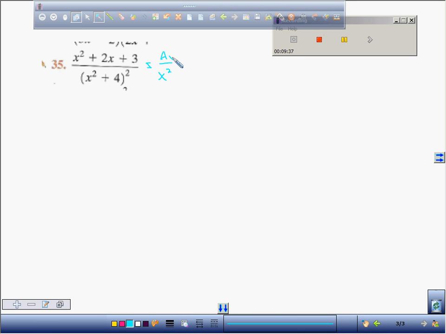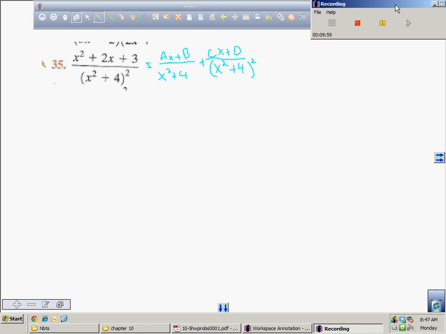So you write this as ax plus b over x squared plus 4, because that's a quadratic factor, plus cx plus d over x squared plus 4 quantity squared. That's the way you have to write it if you have a repeating, non-factorable quadratic.